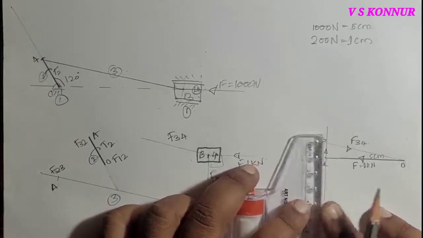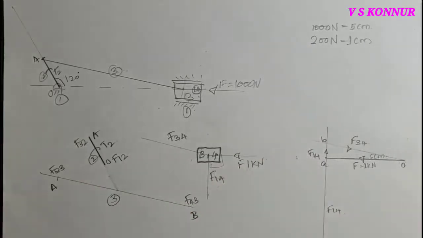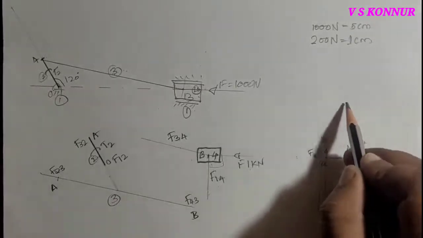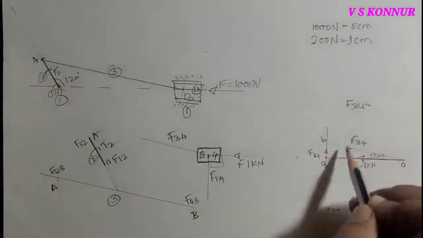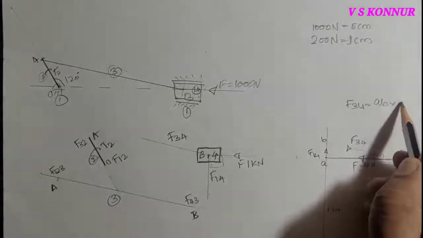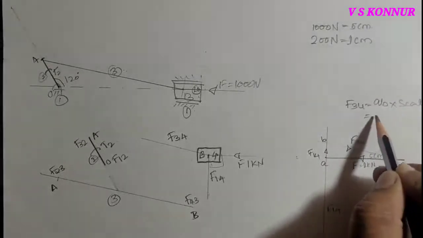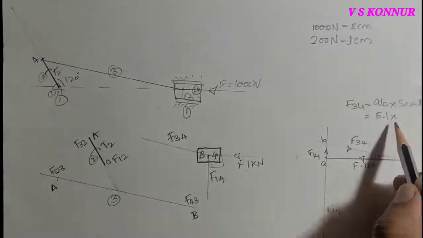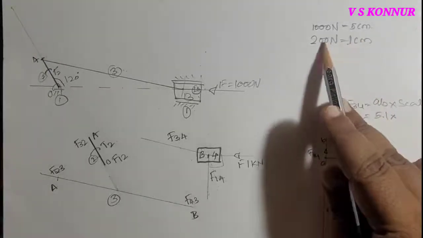It is around 10 mm. So F34 is equal to AB into scale. AB you will get around 5.1, multiplied by the scale. The scale we have taken is 200 Newton.